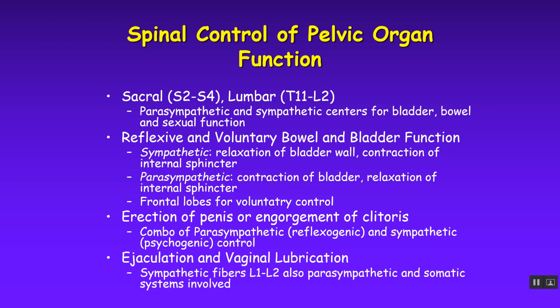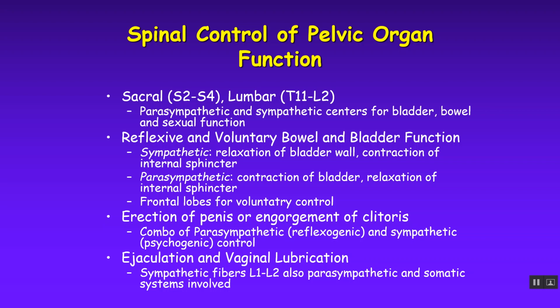So a man with a spinal cord injury above that T11 to L2 region will often have a reflex erection, but it won't be as effective of an erection. Let's just put it that way.